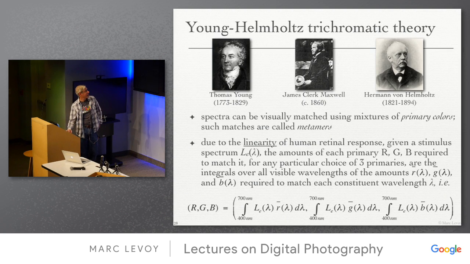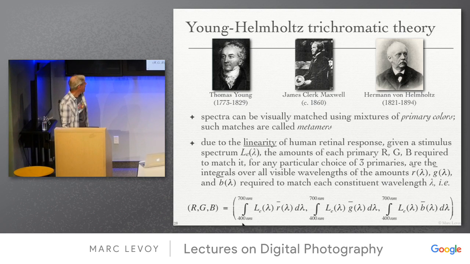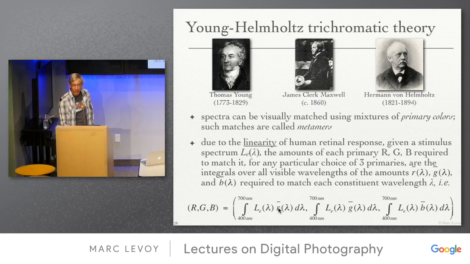And that's exactly the Young-Helmholtz-Maxwell trichromatic theory. And here are the formulas. At each wavelength, you multiply by R bar, G bar, and B bar, and integrate. Remember, that's for a particular choice of primaries. Choose a different set of primaries, either pure wavelengths or mixtures of wavelengths, and the matching functions will change.